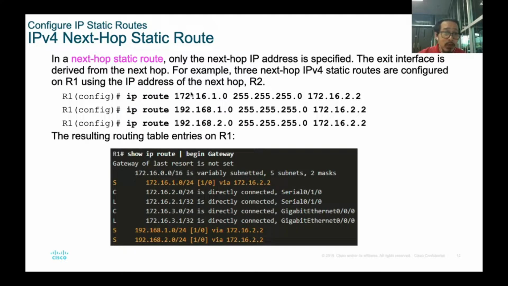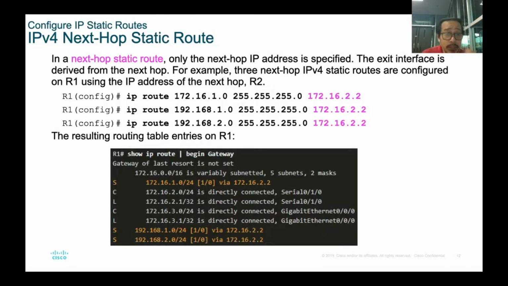So remember, on R1, they only know 172.16.2.0 and 3.0. So we would like to route for network 172.16.1.0 and their subnet mask must be 255.255.255.0 because it's /24. Okay, and then we are going to use a next hop.